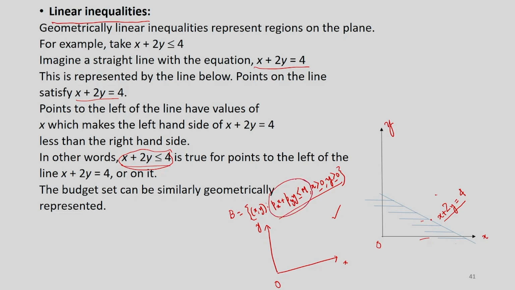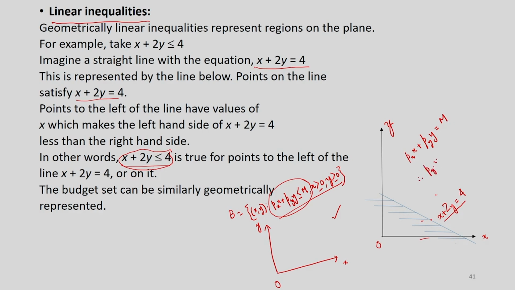Now, the main thing is this one: p x multiplied by x plus p y multiplied by y is less than or equal to m. We adopt the same strategy that we adopted here, which is that we first convert this inequality into an equality: p x multiplied by x plus p y multiplied by y is equal to m. Let us take this equation, and from this what do we get?